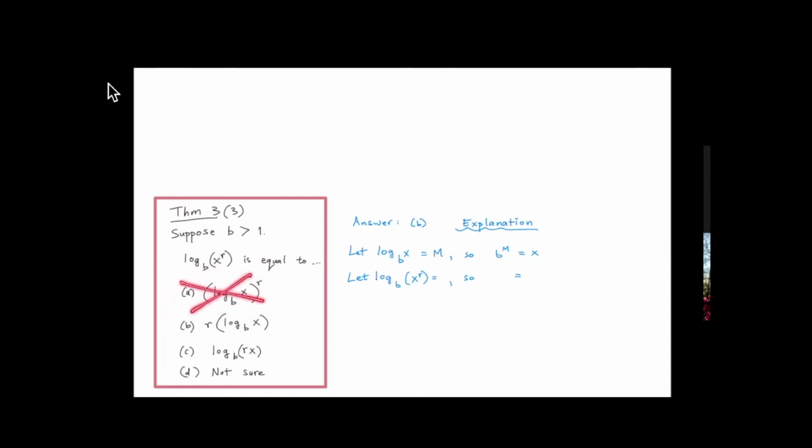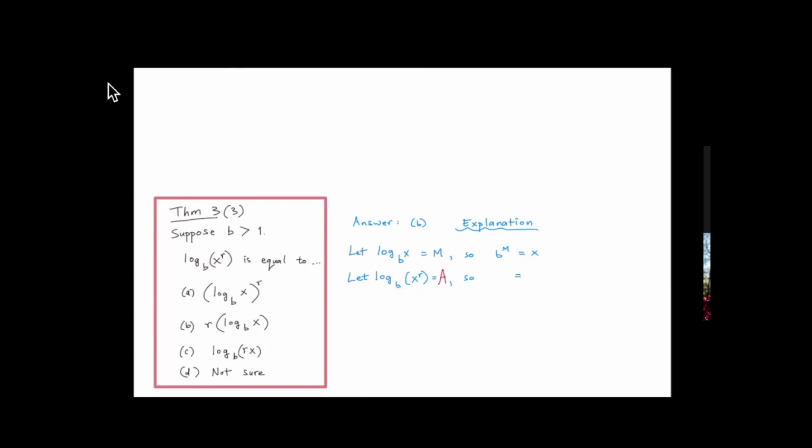So we know it's not going to be a, and in fact, this is b. But if you're not sure, let's go through the steps. So again, I'm interested in this value here. So I set this to be some letter. Let me call it a.